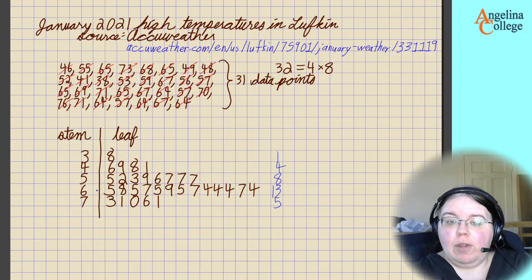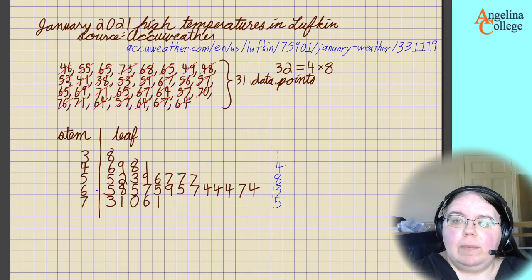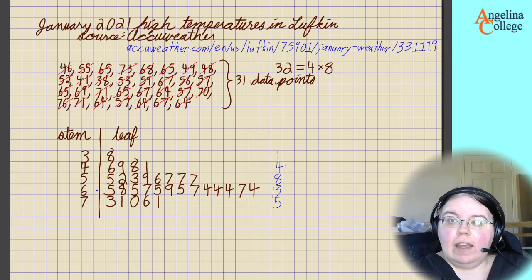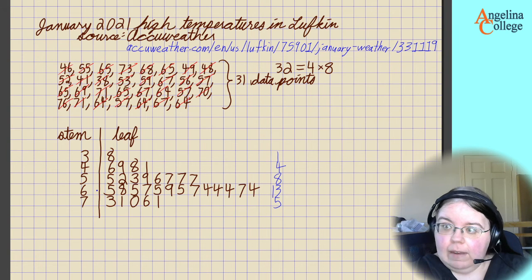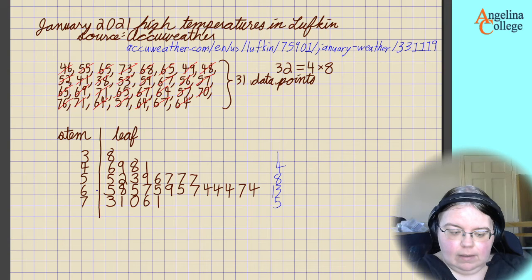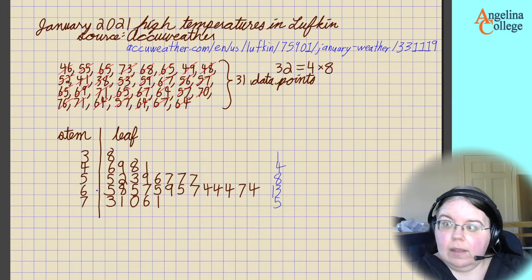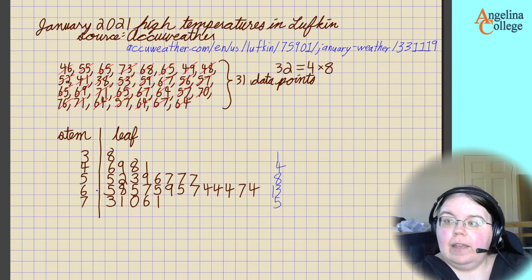And I'm going to just grab my calculator really quick and make sure that that adds up to 31. If it doesn't, I'm going to try to find where something may have gone sideways, but I'm hoping it will. So let's see, 1 and 4 and 8 and 13 and 5 is 31.